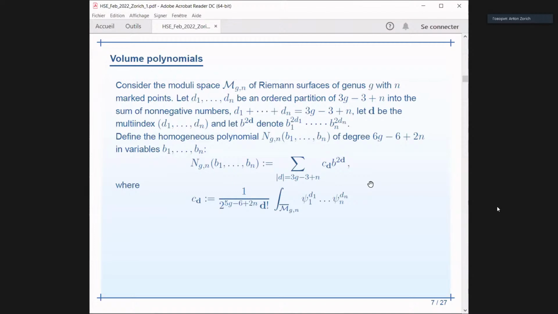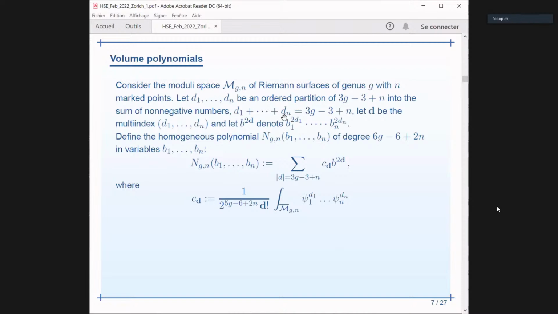And now I'm coming back to individual correlators. Let me fix g and n. Then there is a finite number of them, which are parameterized by partitions of 3g minus 3 plus n into n non-negative integers.